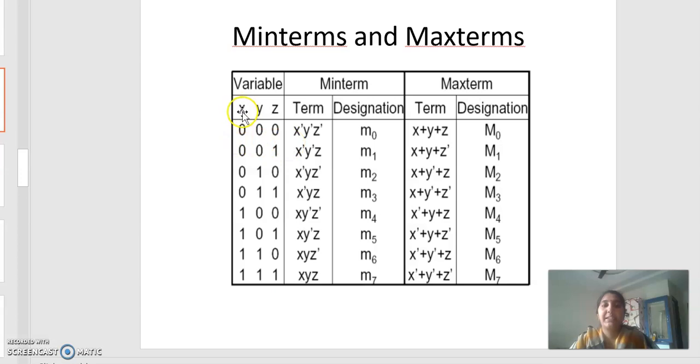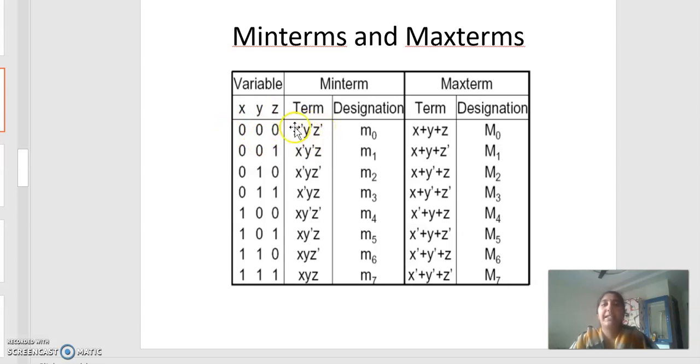So since the x direct variable value is 0 in this combination, to make it 1, we should take the complement variable for this x. Similarly, for the y, we should take the complement, and for the z, we should take the complement. Then the product term for this combination is x dash, y dash, z dash.